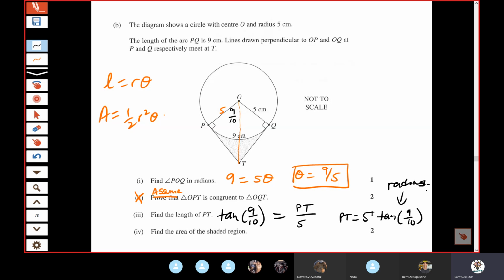So I'm going to actually do that one for you guys. If you didn't like using radians, like me, I don't like using it. I do tan of 9 over 10, and then I make it into a radian, so I divide it by 180 and multiply by pi. That's just me. You don't have to be like me.